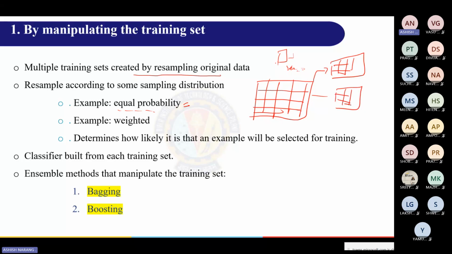Now, how do I sample it? How do I manipulate the training data? There are two techniques, bagging and boosting, and that is what makes ensembles more powerful. Once you look at how they make it more powerful, you will have a better understanding of why ensembles give better results and under what cases they will work.